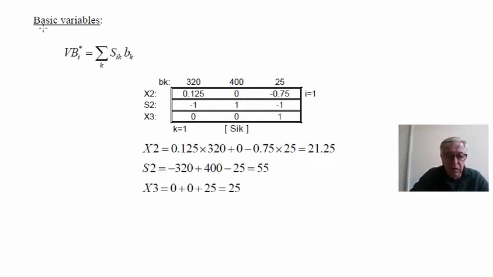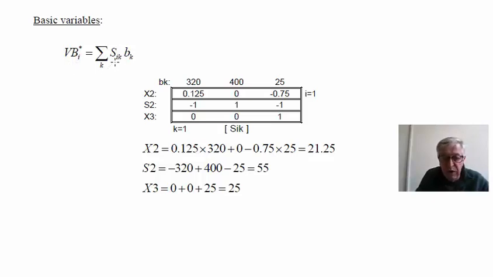So let's confirm now the values of the basic variables. We extract this table from the optimal one. So this is the SIK matrix. On top we have the vector BK, and the basic variables can be evaluated using this expression.